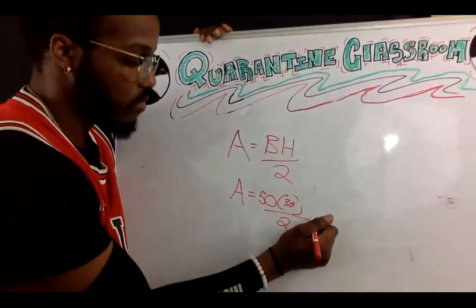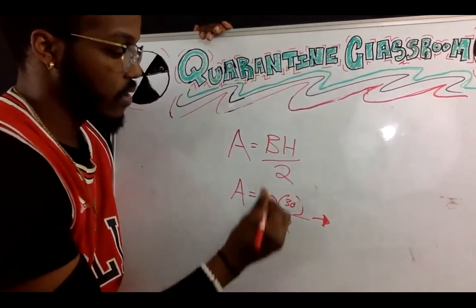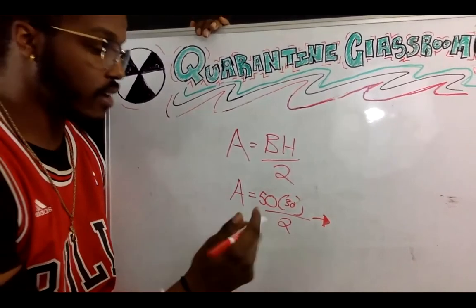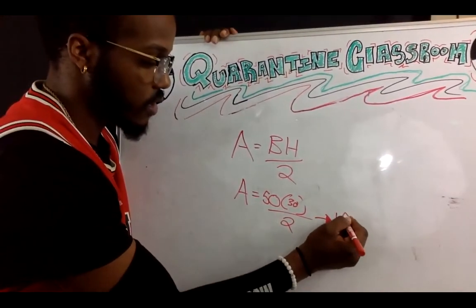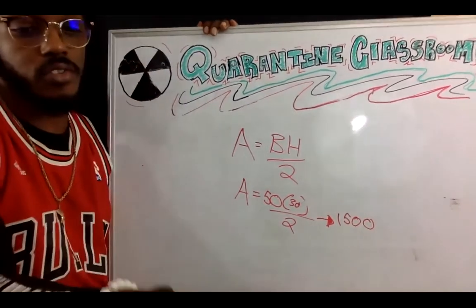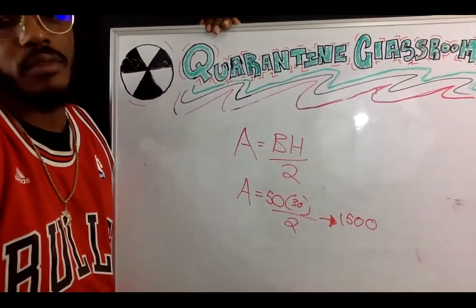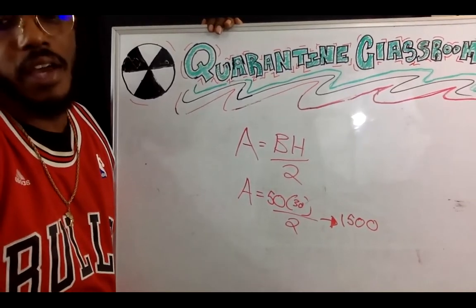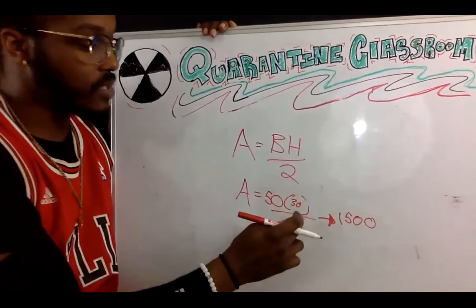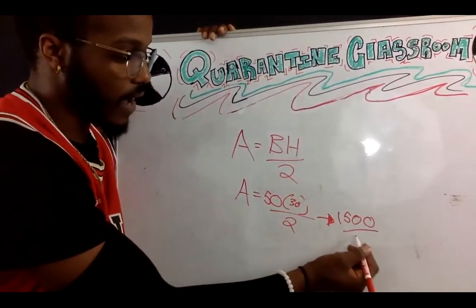So 50 times 30 is 1,500. I'm gonna just make sure that that is correct. Avani called me out on a mistake that I made. Yes, 50 times 30 is 1,500, and then we're dividing that by 2.